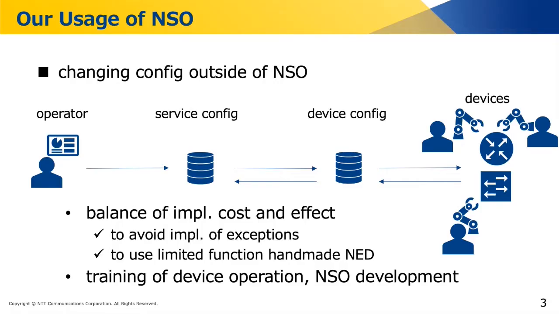But in our environment, we want to change config manually outside of NSO, as in this figure. Some operators modify service config, and at the same time, the other operators modify devices manually. We named it blowing brownfield.